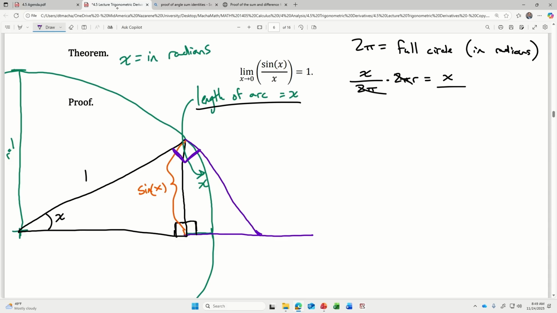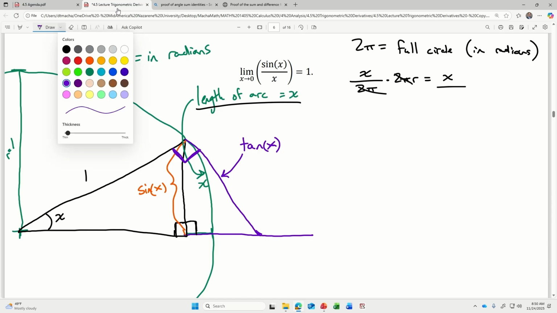And for this angle x, that would be the length of the opposite side divided by the adjacent side. What function gives me the opposite side divided by the adjacent side? Tangent. And so this side length here in purple is tangent of x.